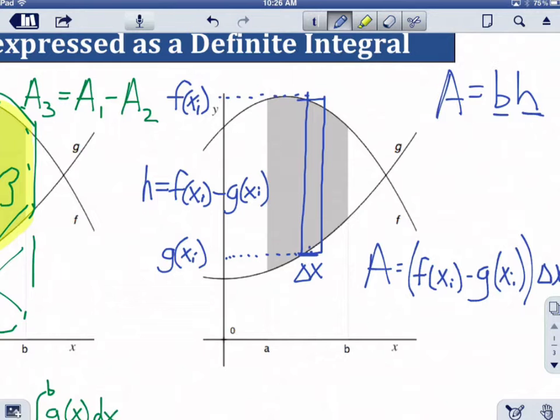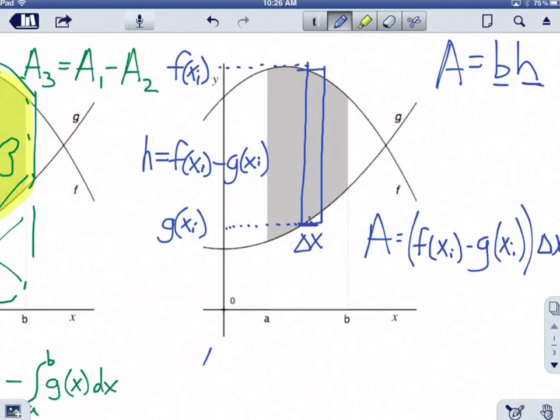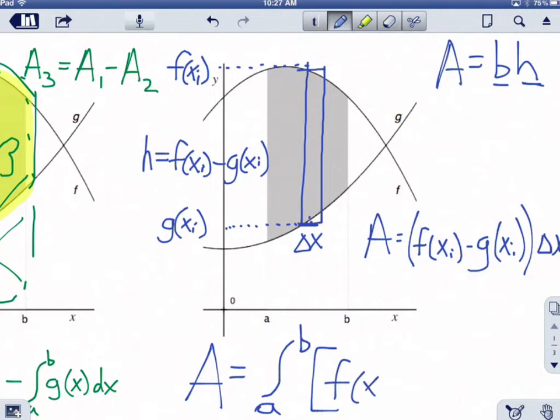And so we know that this is the same thing as taking the definite integral. So here we have the definite integral from a to b of f of x minus g of x with respect to x.